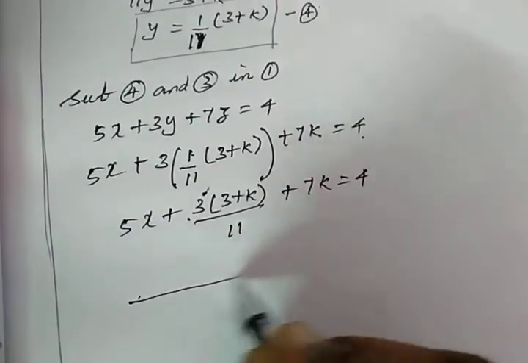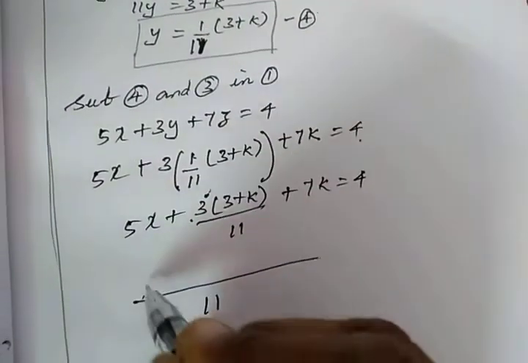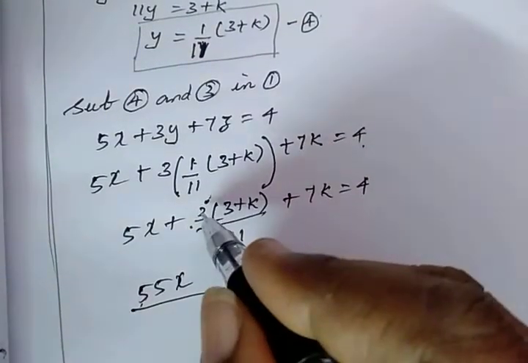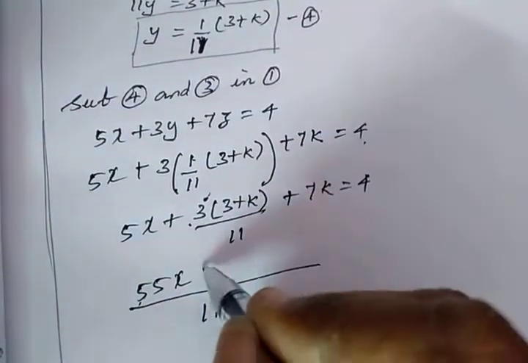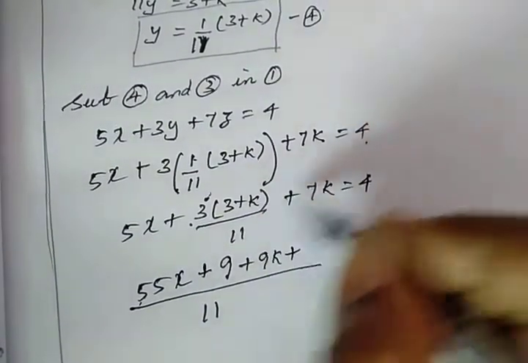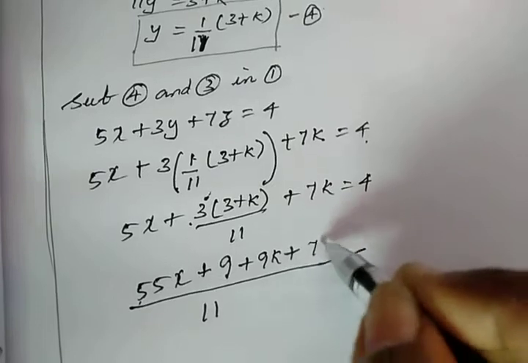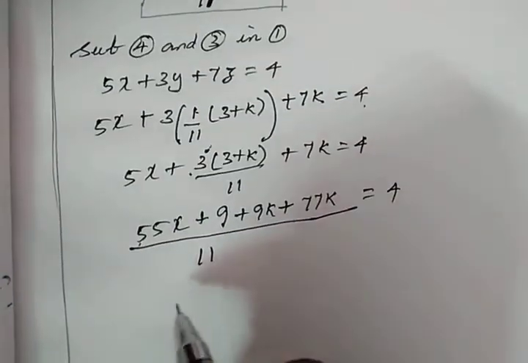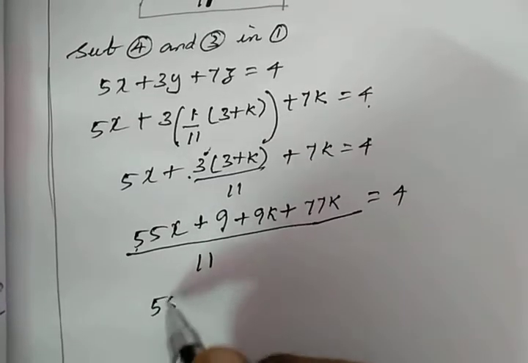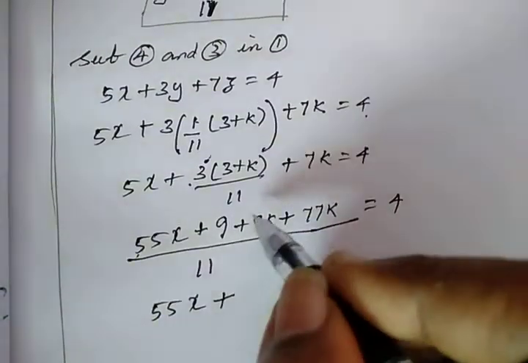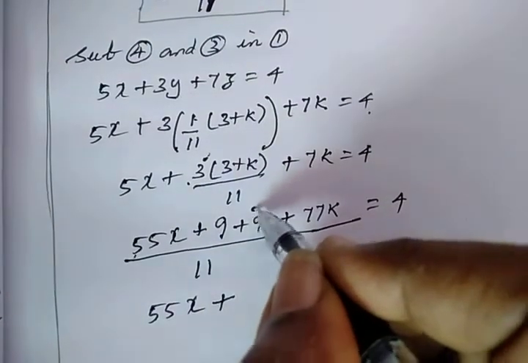Now take LCM here. 11 will be your LCM. 11 5s are 55x. Now you need not multiply 11 here. Instead you take this 3 inside the bracket. So 3 3s are 9 plus 9k plus 11 7s are 77k equals 4. So 11 might be taken to the right hand side. 55x plus 77k, 3 3s are 9, here it is 3k, right?